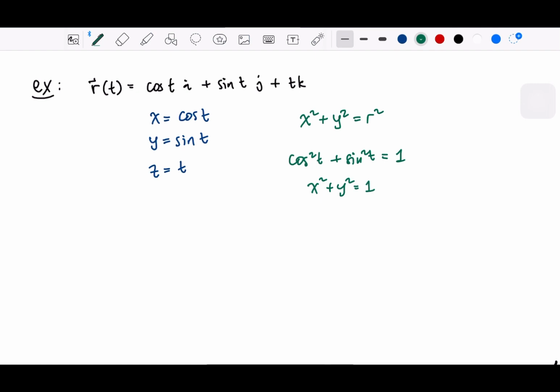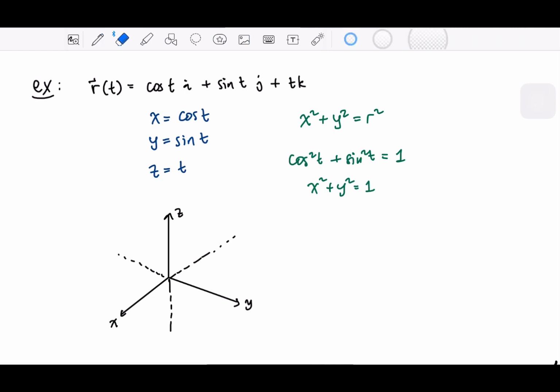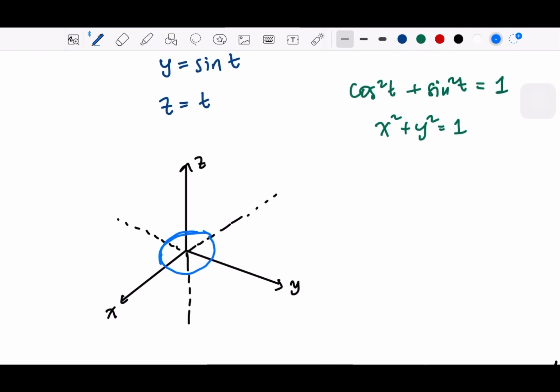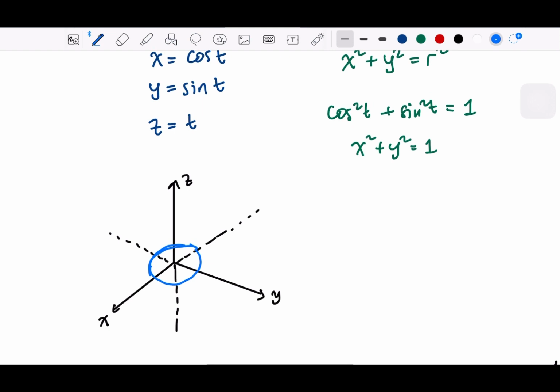So if we take the graph, let's say this is the circle. And then let's imagine that for every t, it will change.